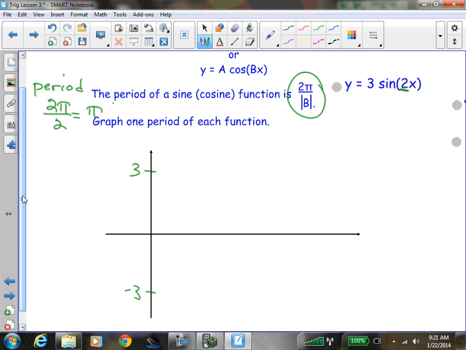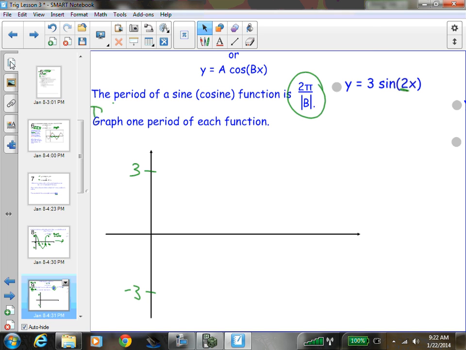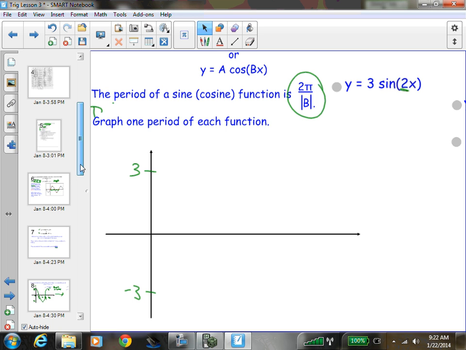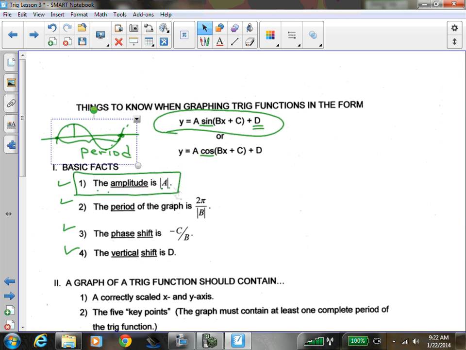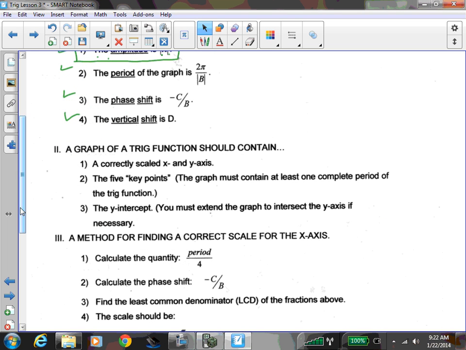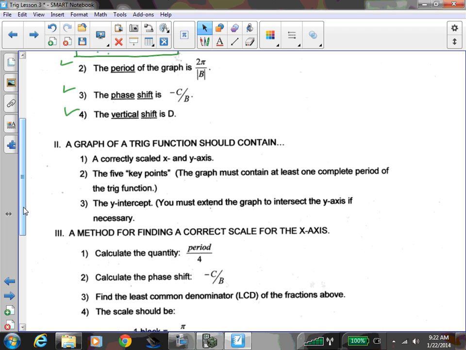Now, if you look on the sheet that I gave you, let me pull it up here so everybody that needs to watch the video can see it. This page right here. In Roman numeral 2, it says a graph of a trig function should contain a correctly scaled x and y axis.